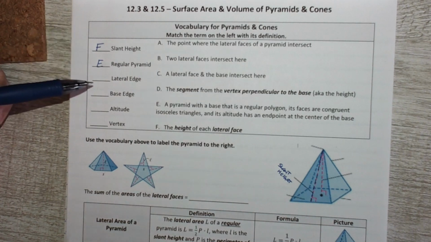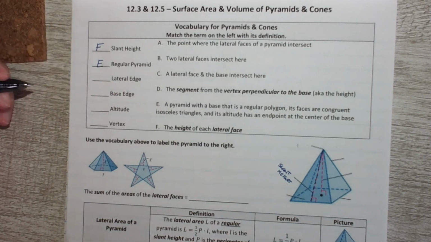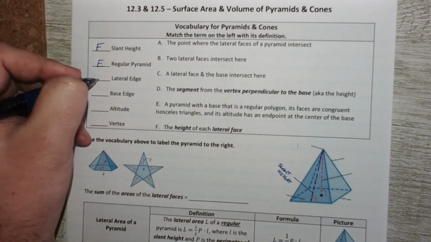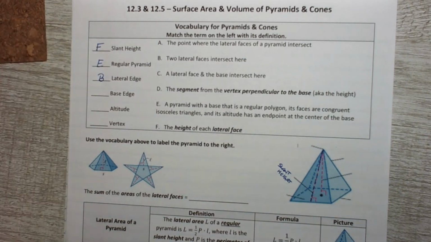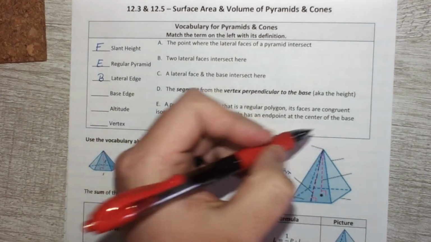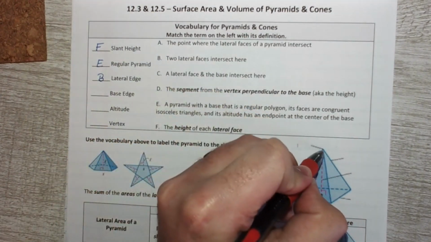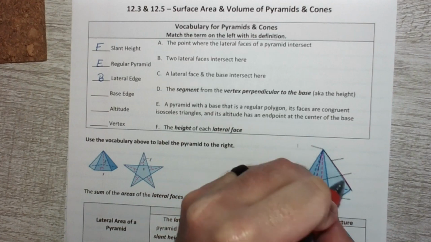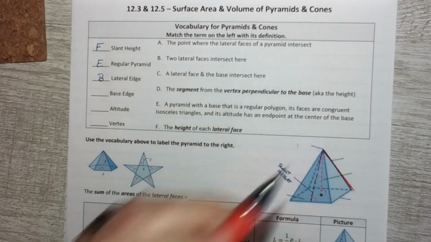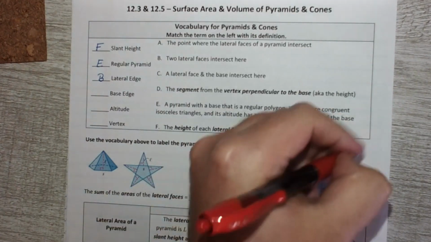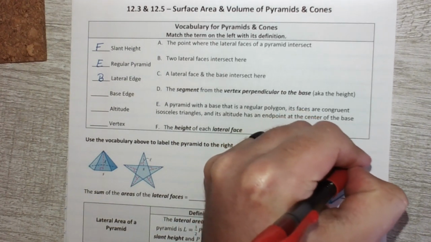Okay, and then a lateral edge is going to be option B. This is where two lateral faces intersect. So a lateral edge in our diagram, I'll use red here to show, in this case is pointing to this segment right here. And that is where two of those triangles meet. So this is going to be a lateral edge.